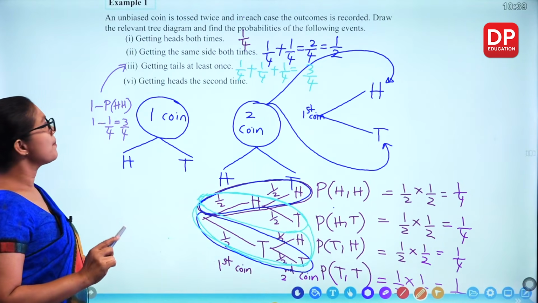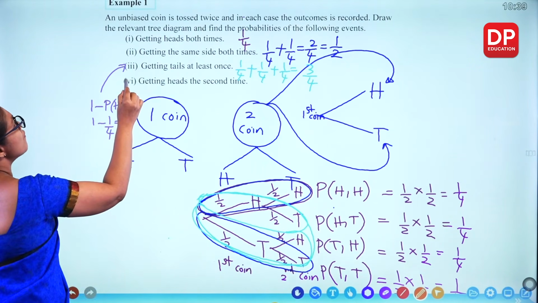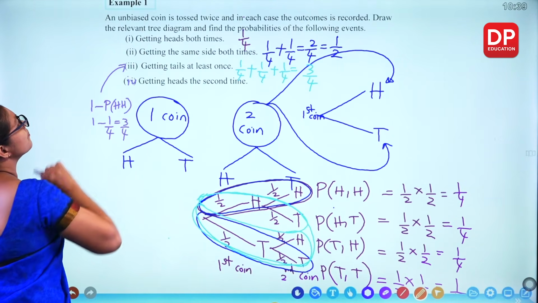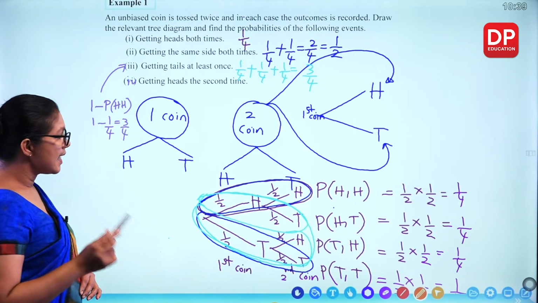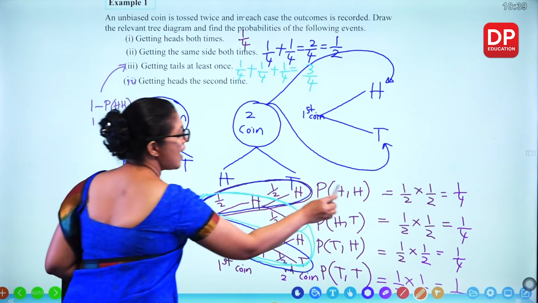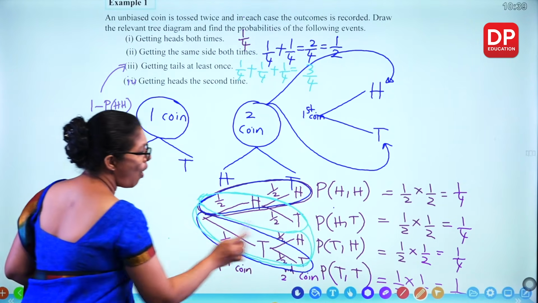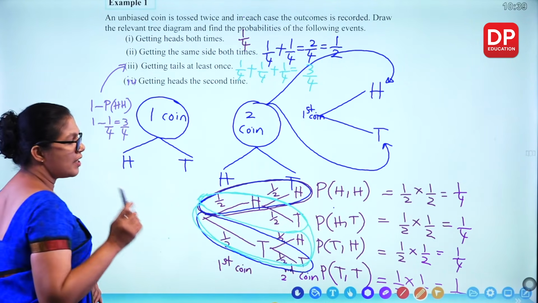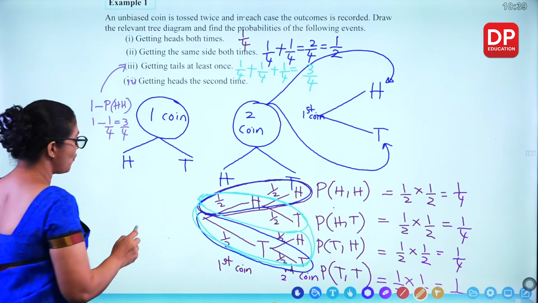That's also possible. Now, next part, here this should be fourth one. Getting heads the second time. Getting heads in the second time means here either HH or TH. Only two possibilities are there. So, how can we do the fourth part?